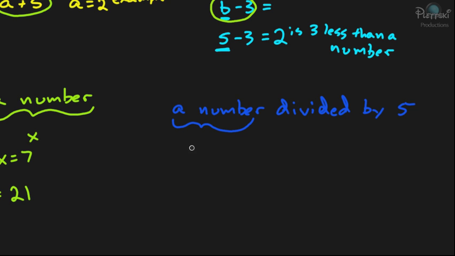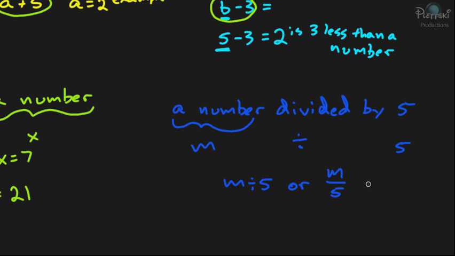So a number, let's say m, and you can use any letter, divided by, well, this could be division, or you'll see we could write it as a fraction, and then the number 5, or divided by 5. So we could write it as m divided by 5, right? That would be a number divided by 5. Or you could write m over 5, and this would also represent a number divided by 5.